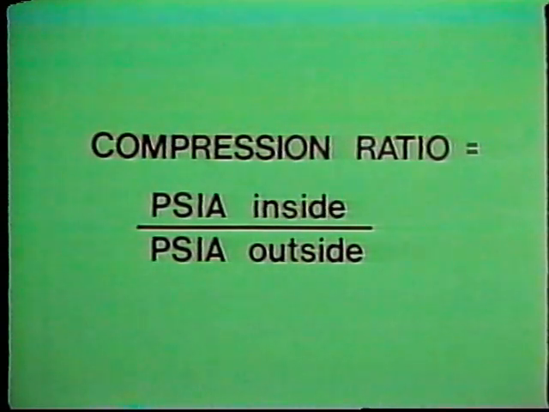Now, as we've said before, the compression ratio of the cylinder is the absolute pressure inside the cylinder divided by absolute pressure outside the cylinder.